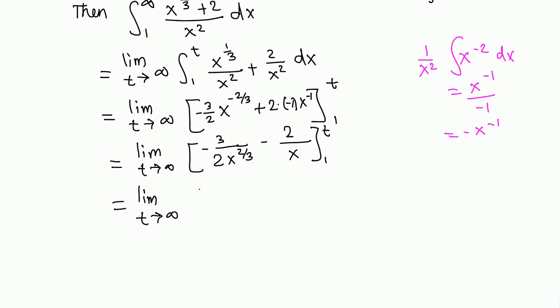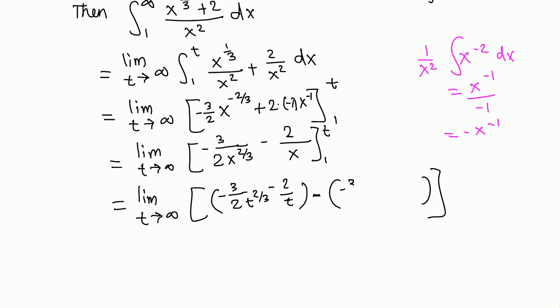T going to infinity. Replace x by the upper limit minus replace x by the lower limit. So the upper limit part is negative 3/2 times t raised to 2/3 minus 2 over t, minus, from the fundamental theorem of calculus, replace x by 1.